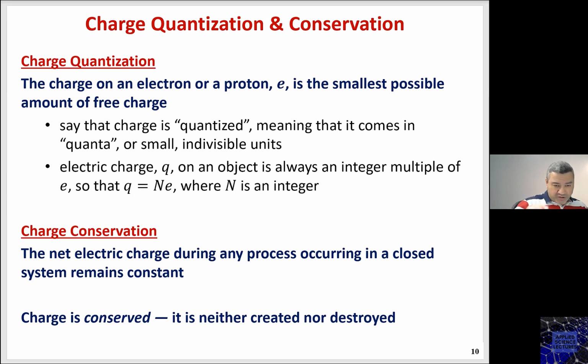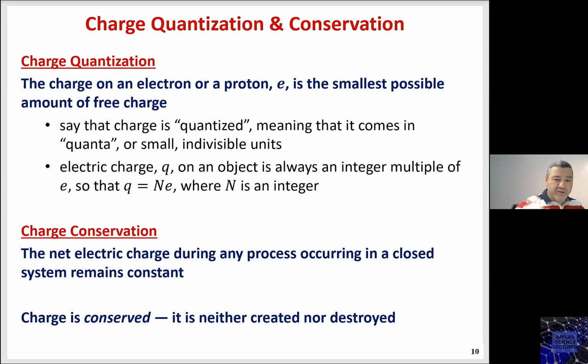We cannot go smaller than the charge of an electron. Put aside the quarks for the time being. Let's focus on the electron in this course as the minimum charge. We cannot go half an electron.